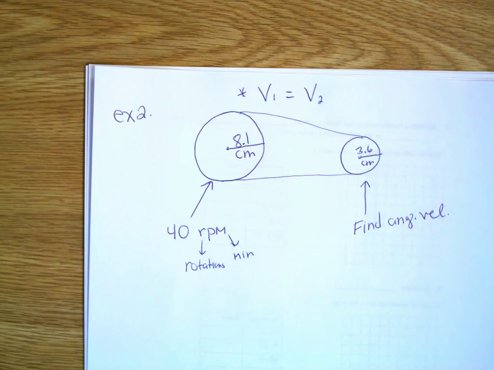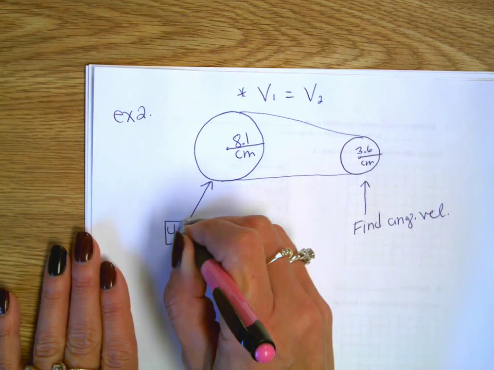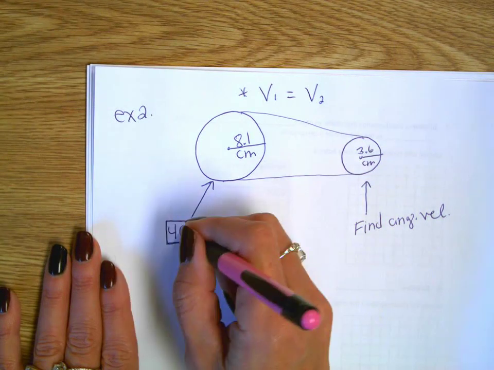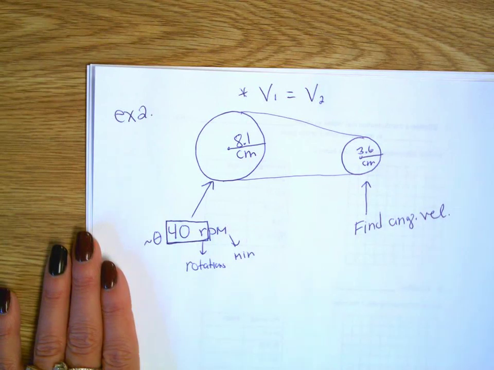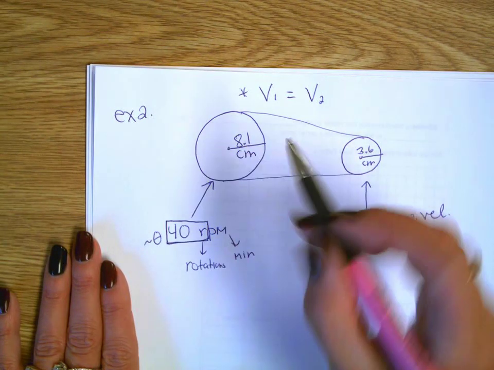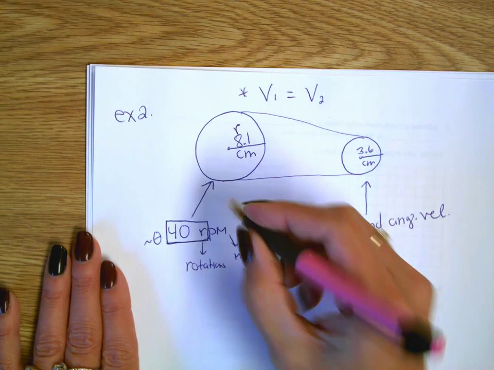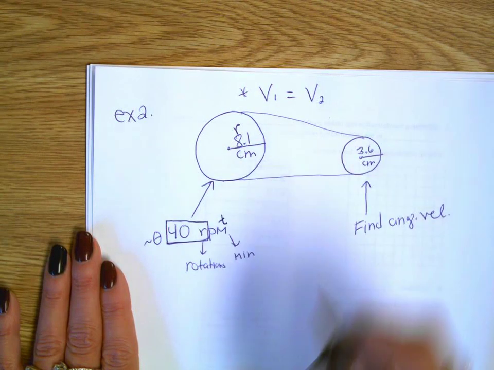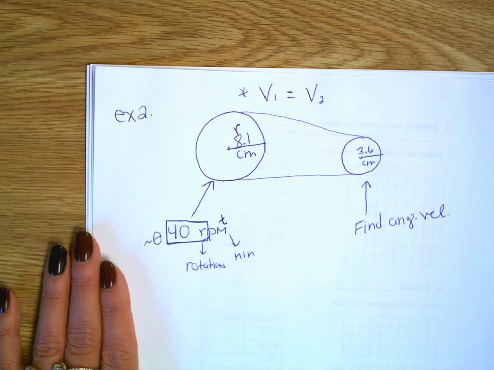No red flag. Okay, what do rotations tell us, or what can we get from the number of rotations? We can get radians, so I like to call this almost theta, because theta's radians. I can get radians if I know rotations. The 8.1 is our radius, and we've got a time value of a minute per minute time. And we can find big V. Big V, if you look up there, is arc length over time, but arc length is found by R and theta.